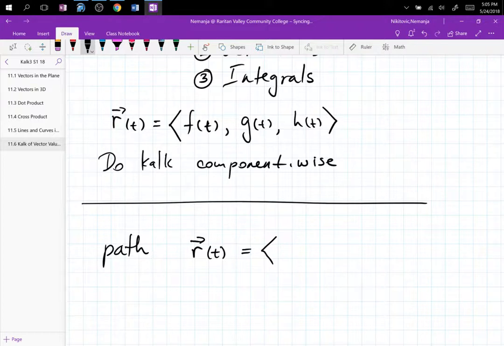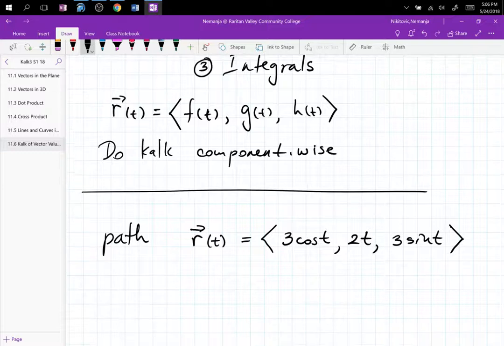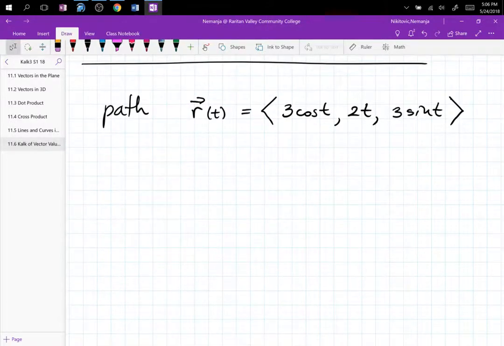It's going to be 3 cosine t, 2t, and 3 sine t. So that's the path. What is this path? It's a helix. Very good. How would you draw this helix?